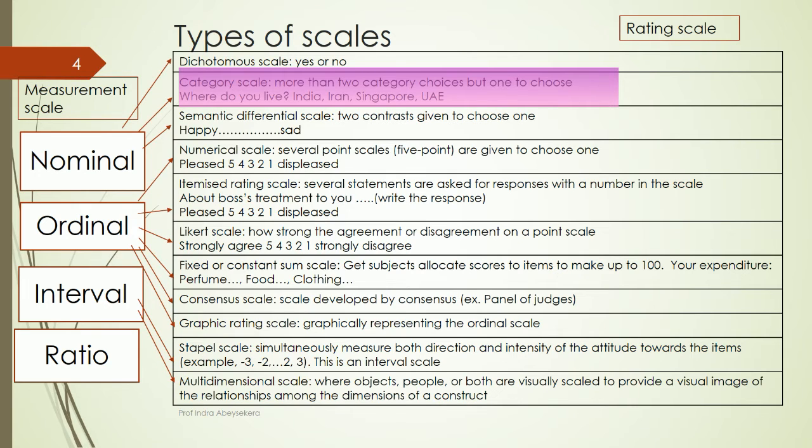For example, where do you live? You can list a number of countries, and for the country that's chosen we can say 1, and for the others, we can say 0.